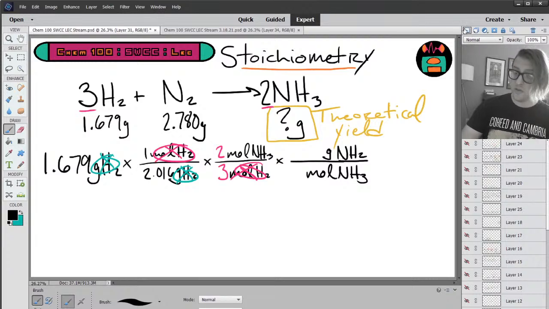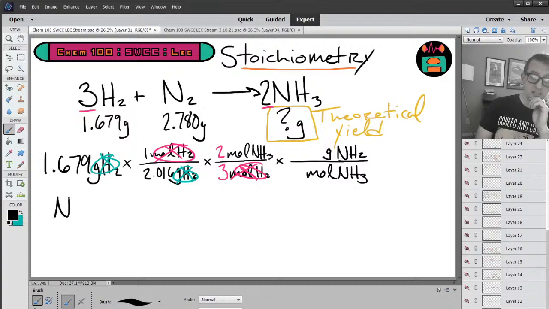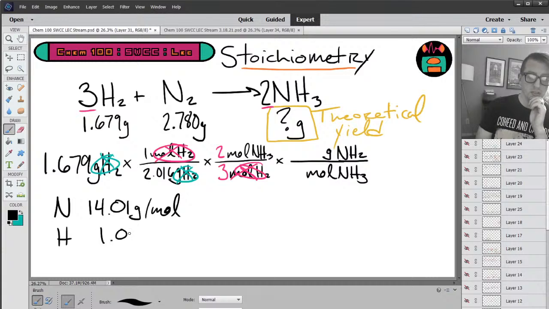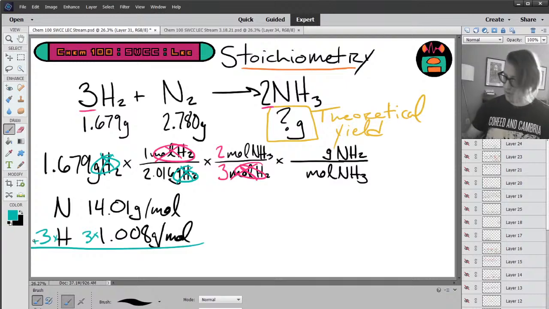All right, so to do this, we need to calculate the molecular mass. Nitrogen is 14.0 grams per mole. Hydrogen is 1.008 grams per mole, but we got to multiply this number by 3. 1.008 times 3 is 3.024 plus, no, not 16, 14.01.